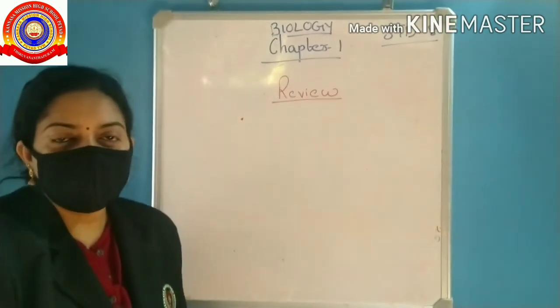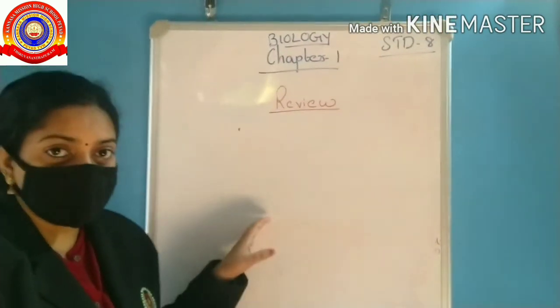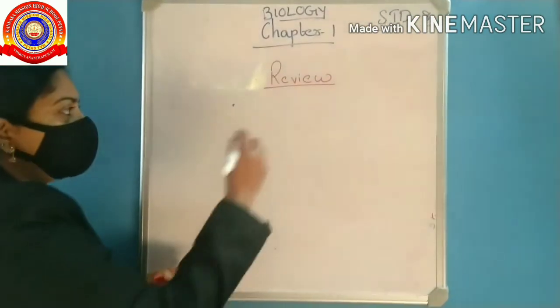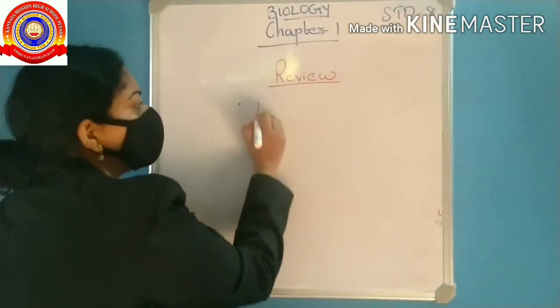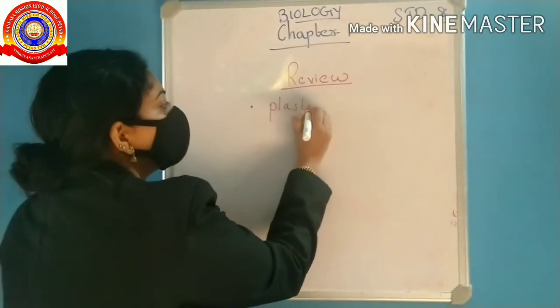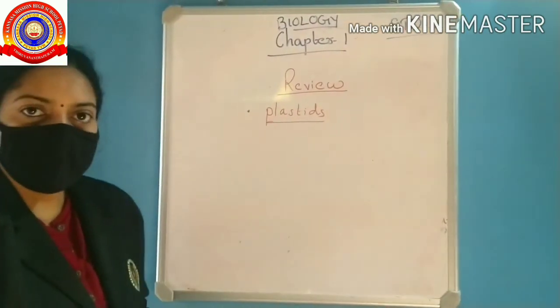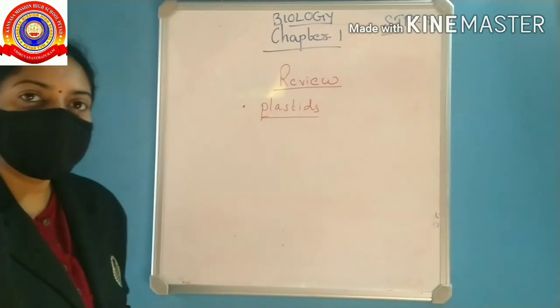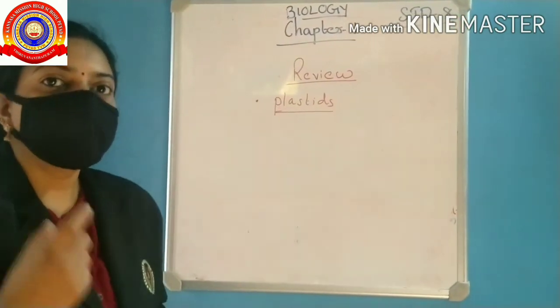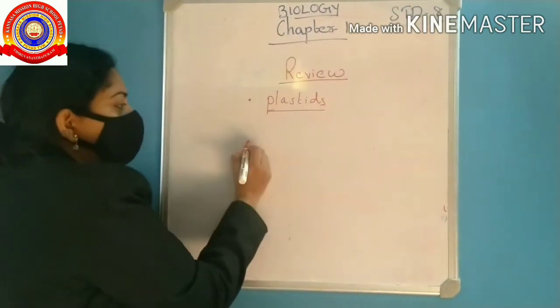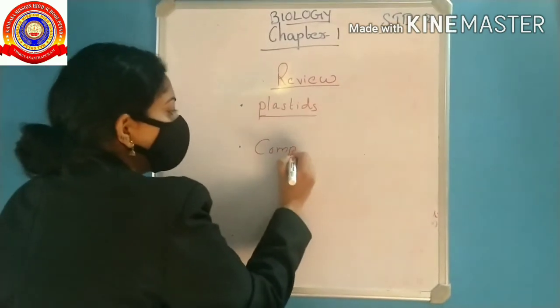Okay children, let's conclude today's topic. Today we studied about plastids. The plastids are of three kinds: the chloroplast, chromoplast and leucoplast. Then we studied the comparison between plant cell and animal cell.